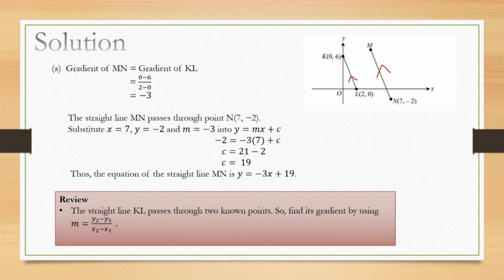And we know that the straight line MN passes through point (7, -2). So, we will substitute x equals to 7, y equals to negative 2, and m equals to negative 3 into the formula. And finally, we will get that the y-intercept c equals to 19. Therefore, the equation of the straight line MN is y equals to negative 3x plus 19.